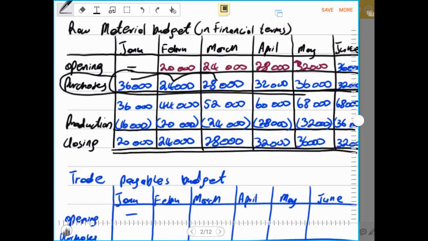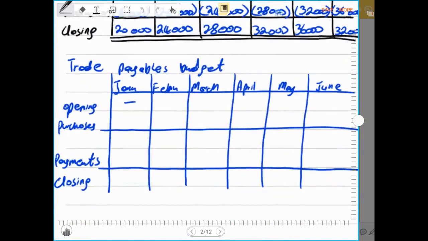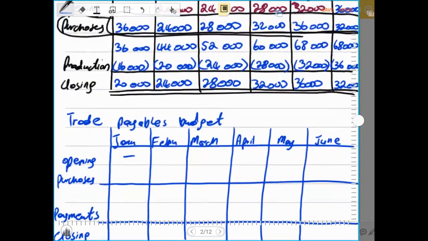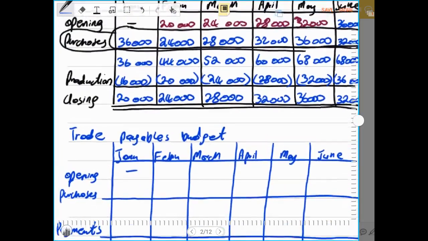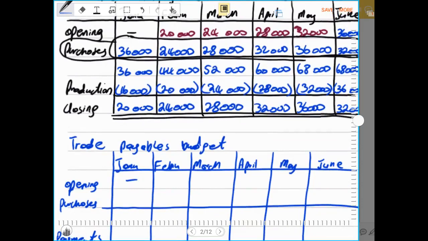So now we have to record that in our budget that we're busy with at this moment. There was no opening balance regarding the trade payables. If there was an opening balance of trade payables, that would be recorded here. But we have to record the purchases just as they appear in the purchases of raw material budget.